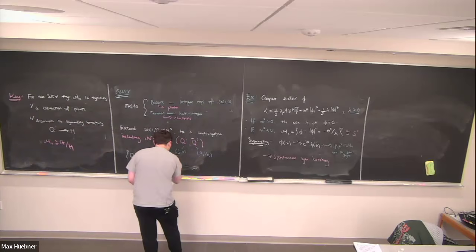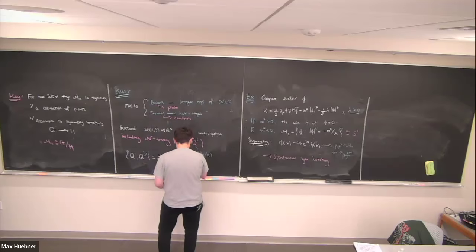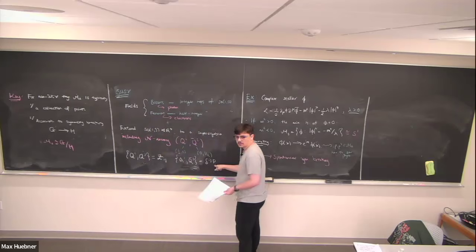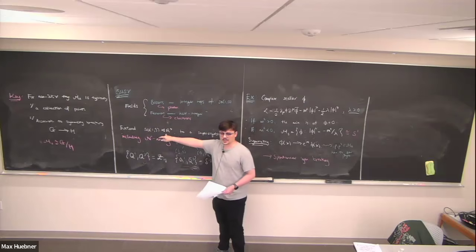Then the more common one, we have {Q^i, Q bar j}, and this goes to delta^ij P. So P is going to be the momentum. It generates the translations.